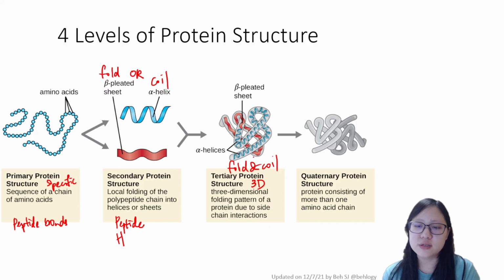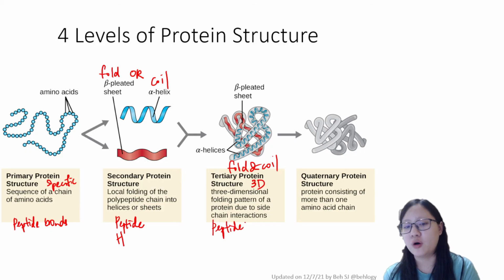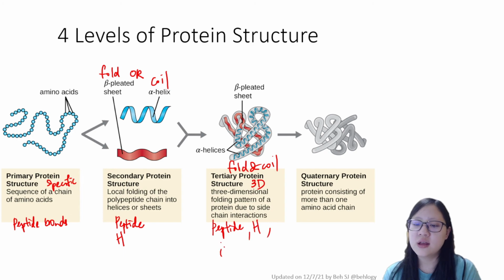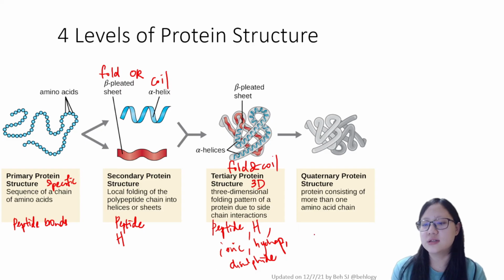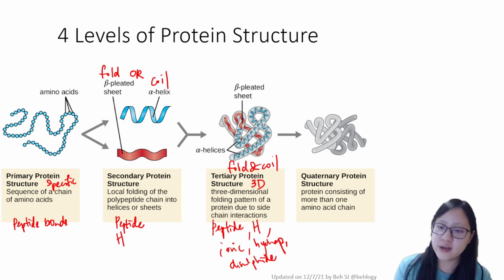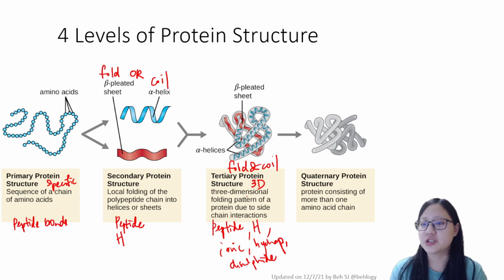Within the protein, there can be all sorts of bonding. It could be peptide bond, which is always there between the monomers. There's hydrogen bond, there's ionic, there's hydrophobic interactions, and there's also disulfide bonding. So all the bonds will be present in the tertiary protein structure.